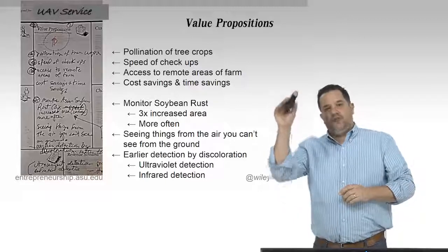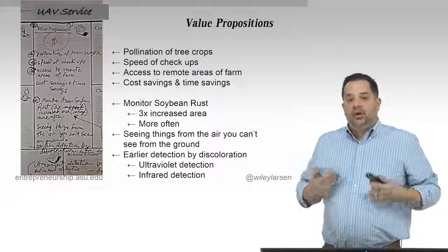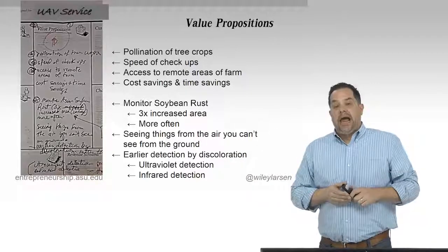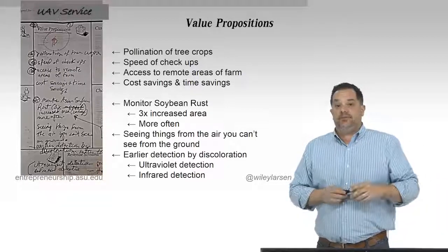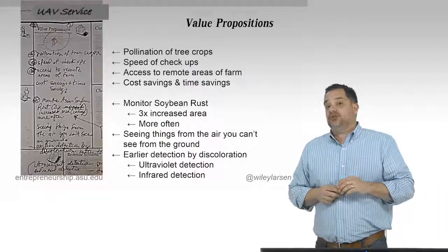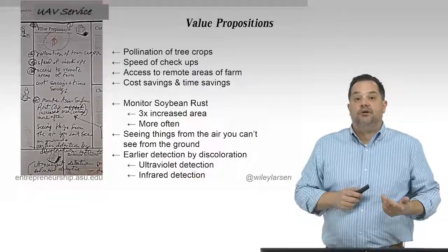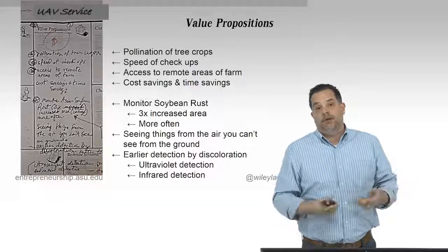So as we looked at all of our customer segments, we said, what is the reason why those groups in the agriculture community would want to use a drone? And we said, well, they might be able to check on the pollination of their tree crops. They might be able to check their crops faster. They might be able to access remote areas of their farm.